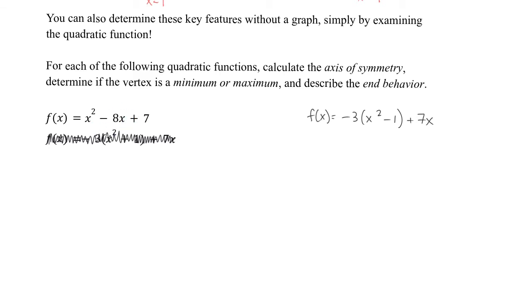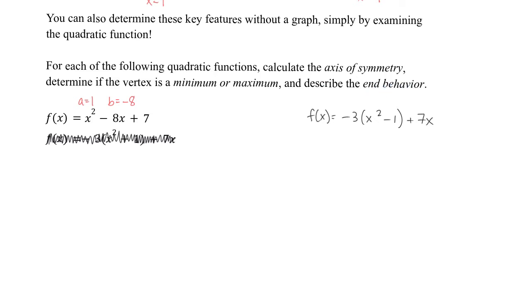I need to get it in that form. And then I just need to identify, in this case, I only need to identify a and b. So in this case, a is 1, which is the number in front of x squared, and in this case, b is -8. And the directions say we're going to calculate the axis of symmetry, we're going to determine if the vertex is a minimum or maximum, and describe our end behavior.